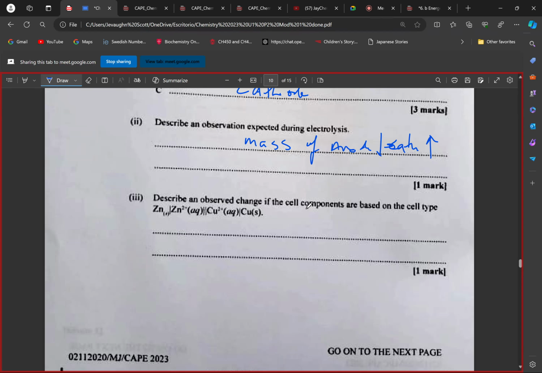Yeah, zinc is more reactive than copper. No, copper is more reactive. Ooh, that's a contention. All right, so which one is which?